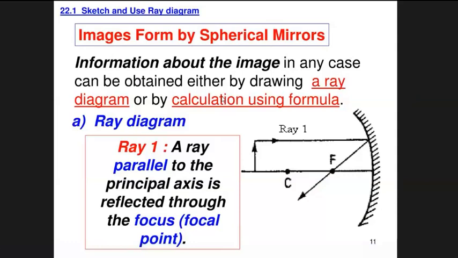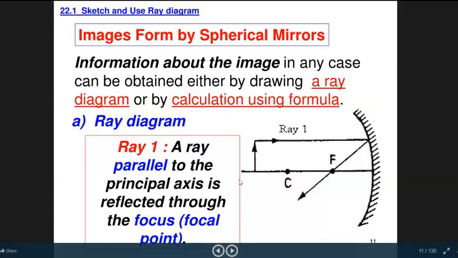By drawing a ray diagram, one can locate the formation or location of the image. For that, we have to learn and remember the special rays. There are three special rays that we have to remember again and again.